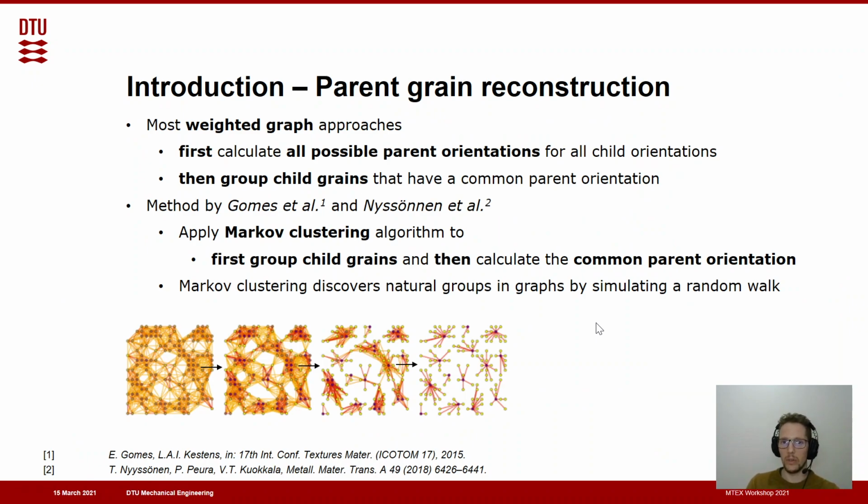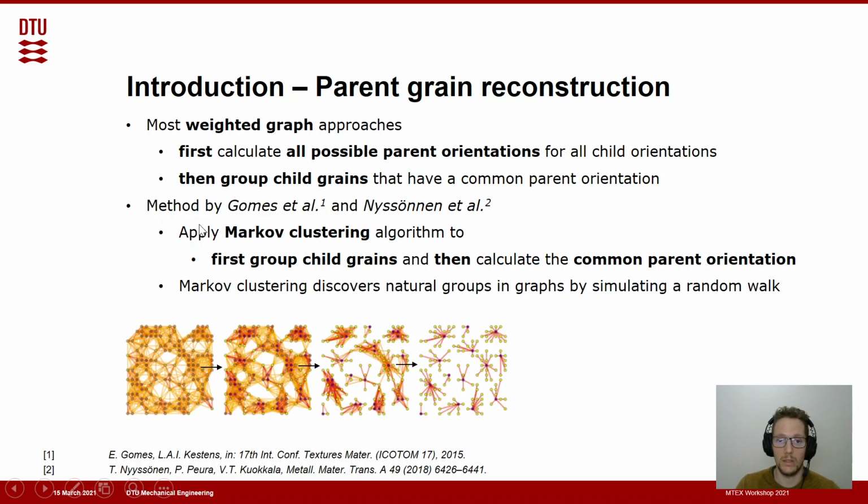So most of the weighted graph approaches, which were the ones between the grains, first calculate all the possible parent orientations for all the child orientations, and then they group the child grains that have a common parent orientation. So this is possible, but it's also quite computationally inefficient because we have to calculate all possibilities before we can even start grouping grains together.